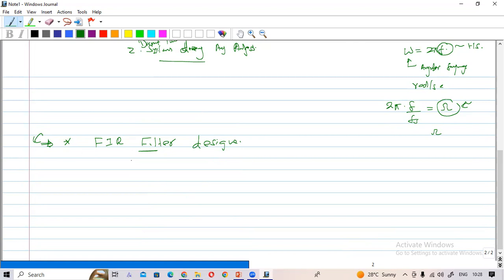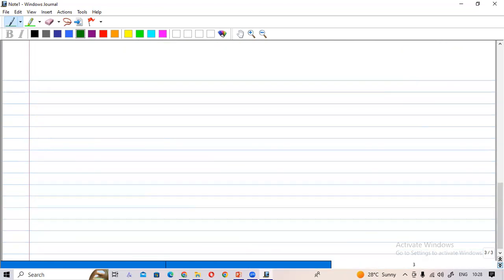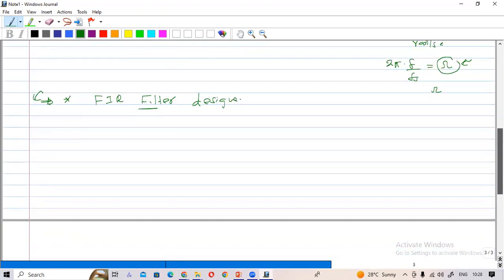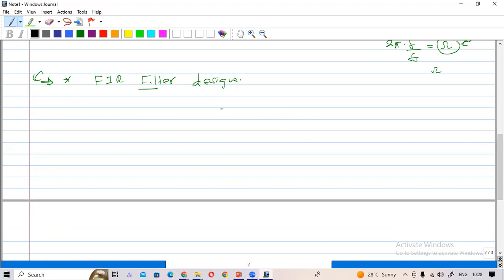So we will move to the FIR filter design. Before that, I think I have reminded you of this several times, but for completeness, I will explain it here also. Consider an LTI system, a linear time invariant system.